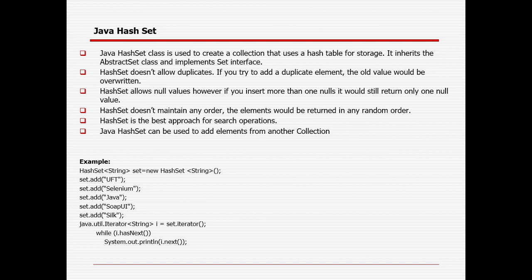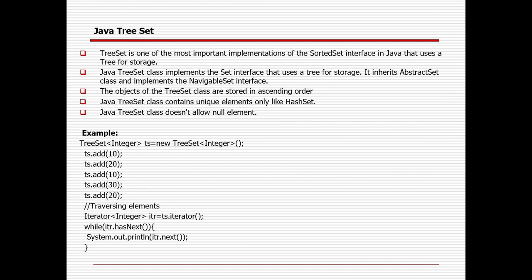But the problem is that although it does not contain duplicates, suppose you enter the values in some order, whenever you get the output, no one can guarantee you will get the same order. That is the one problem, okay. To avoid this, you can use TreeSet, which implements the SortedSet interface, because it will keep the elements in sorted, ascending order, okay.